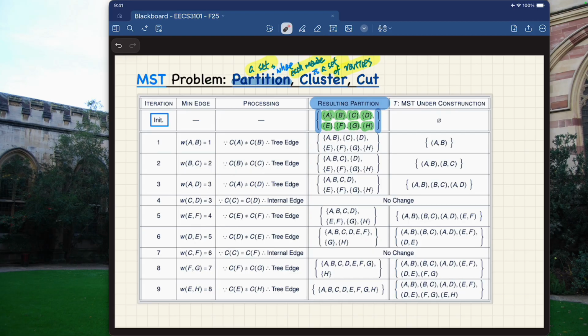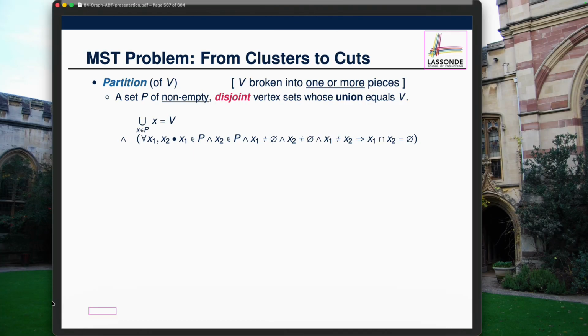If you look at the last iteration, which is iteration number 9, we still have a set where there's only one member in this particular partition. That's why in the definition you will see that it contains one or more pieces.